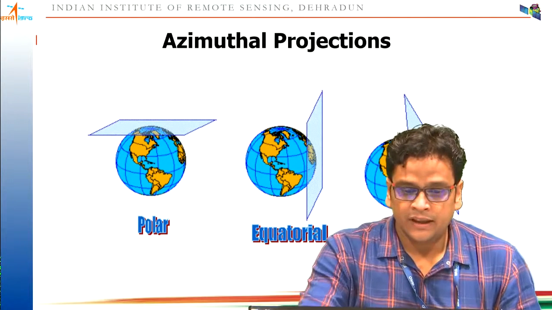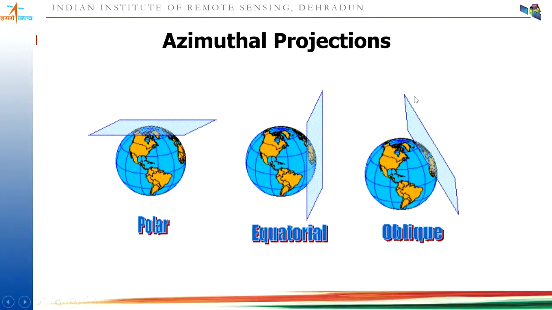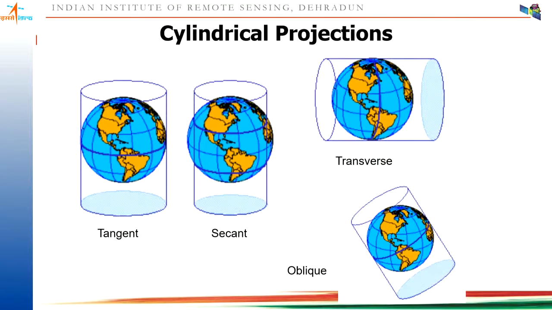So you see, this is basically an example of the azimuthal projections. You take the map in the polar region, you put it like that, and in the equatorial case you push it like this, and in the oblique case at any angle you can place it, so it will be projecting. So a particular part you can project onto that map, whatever your requirement is.